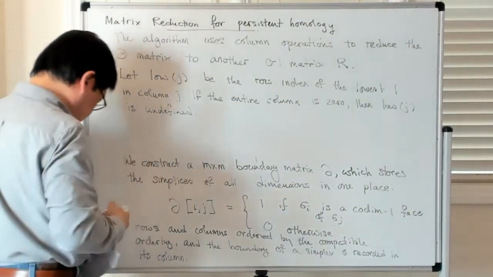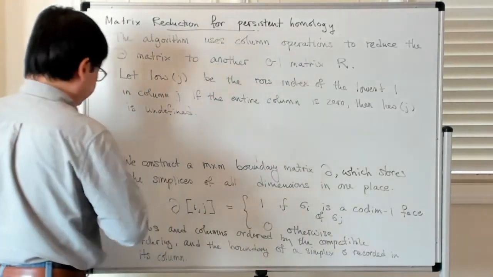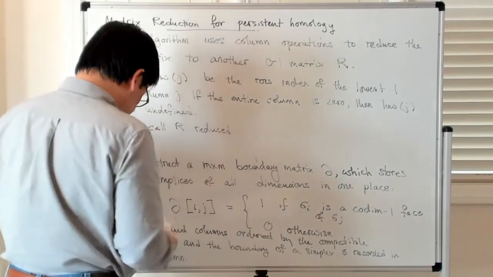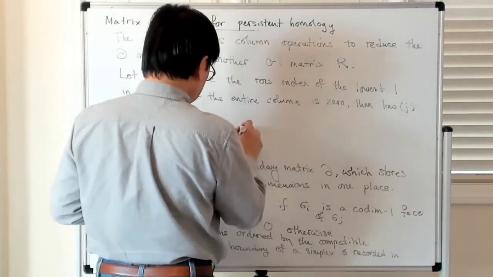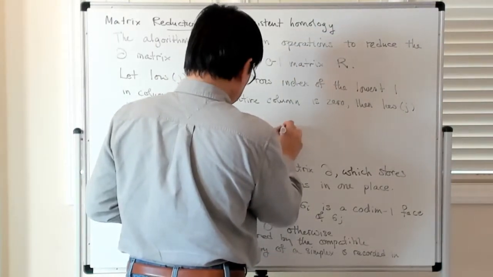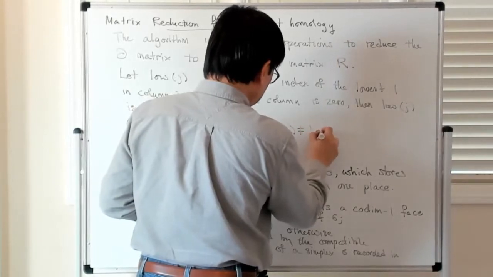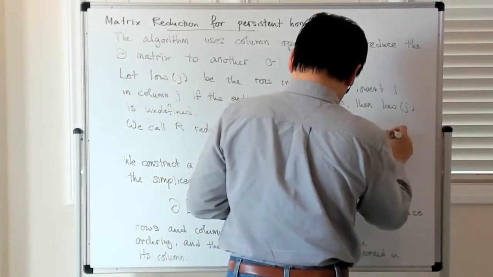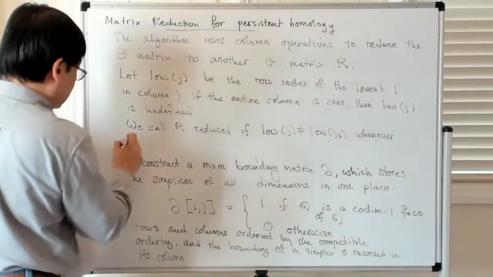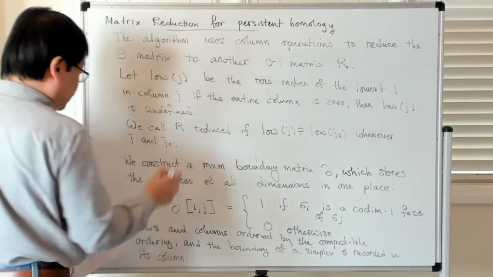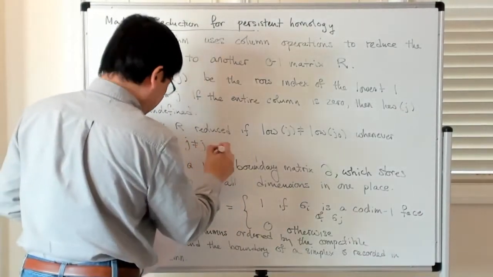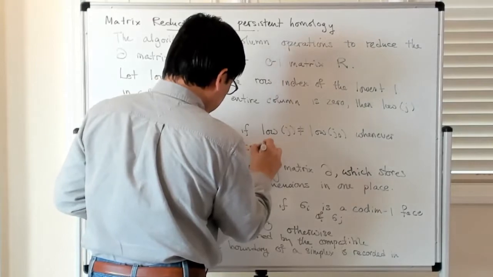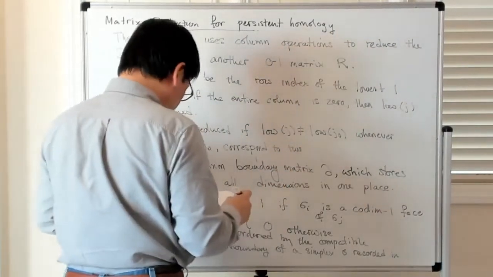So we call R reduced if low j is not equal to low j0 whenever j and j0, where j is not equal to j0, correspond to two non-zero columns.